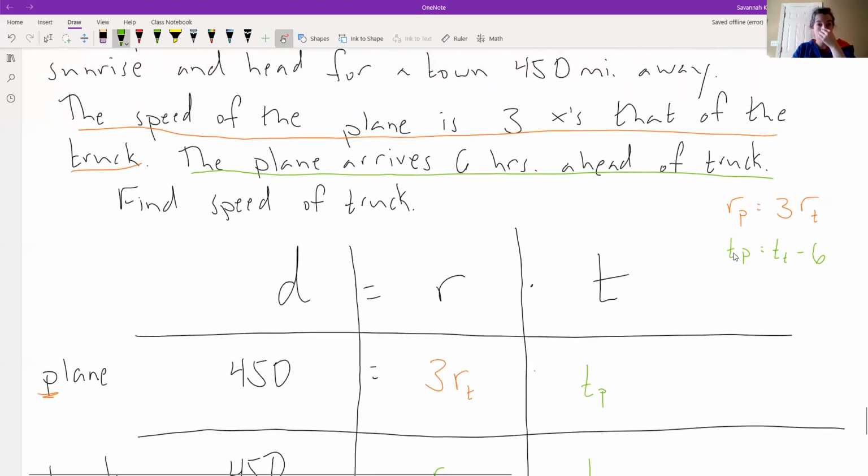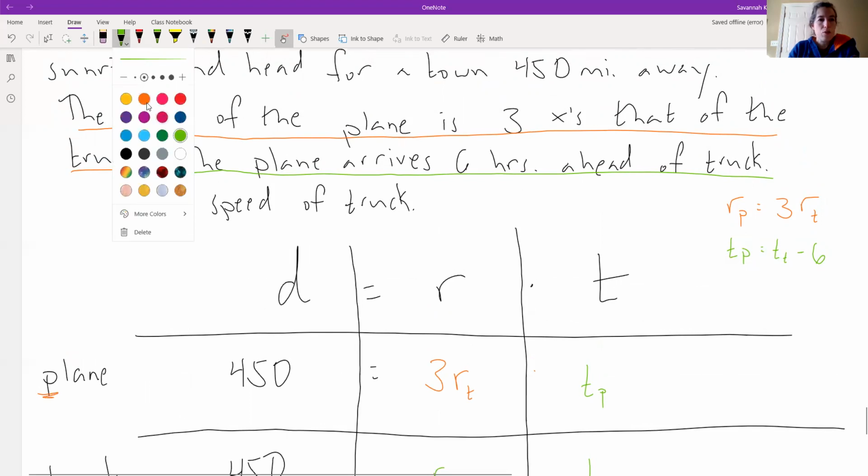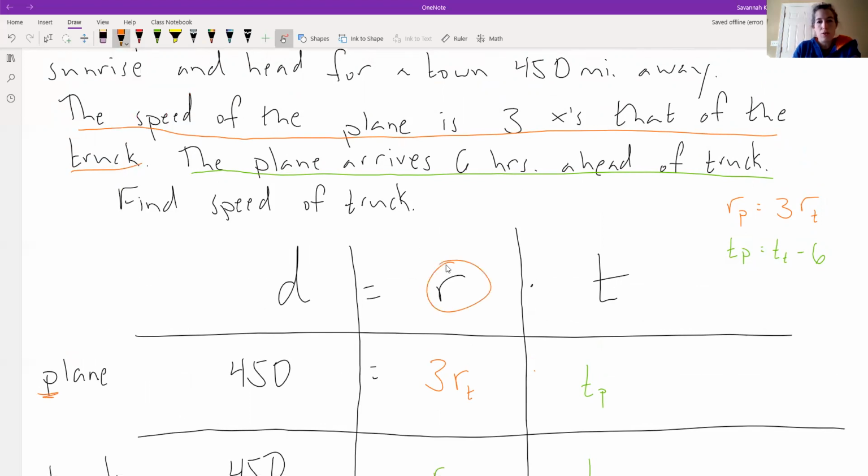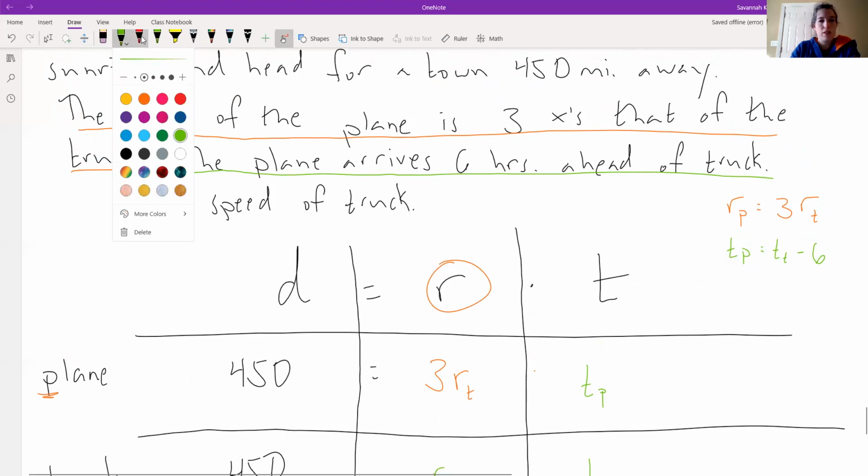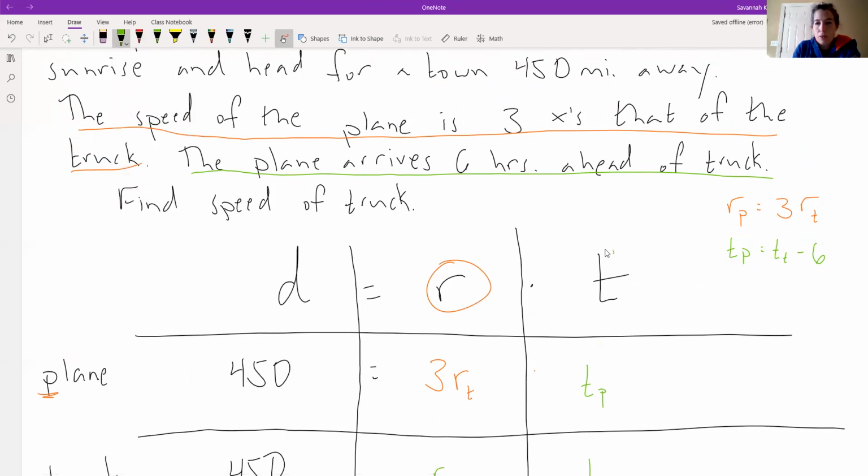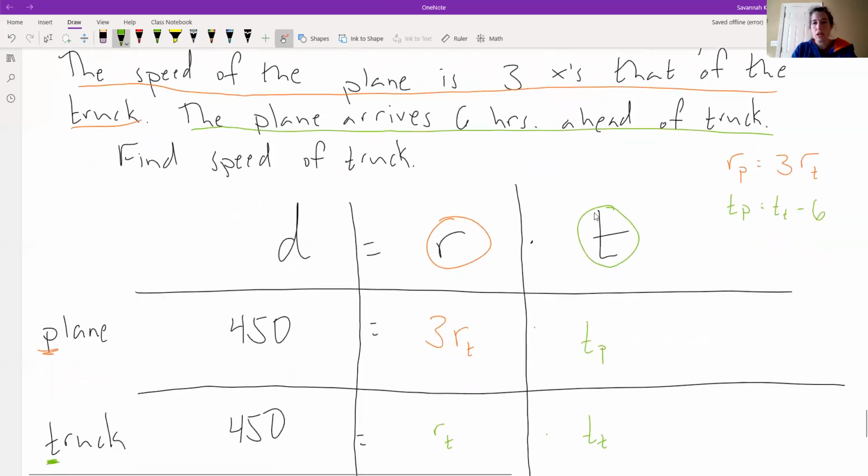If I was really good, I would back this recording up and make my color coding match here, because I think what I was trying to do is make the rate column orange and the time column green. So the time that the plane takes is the time of the truck minus 6.